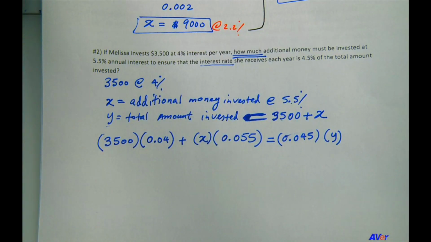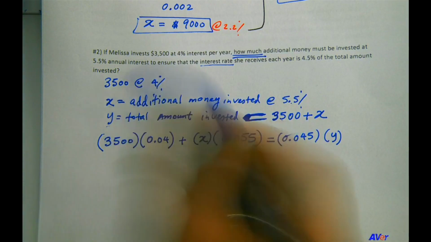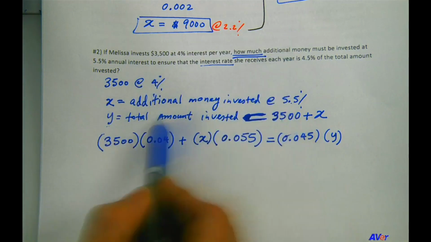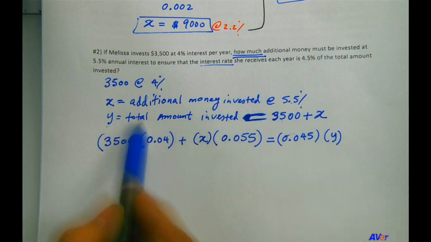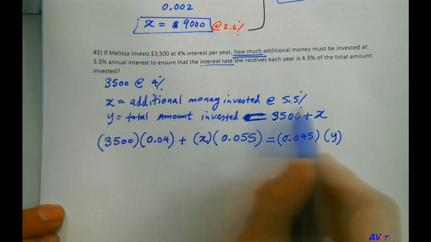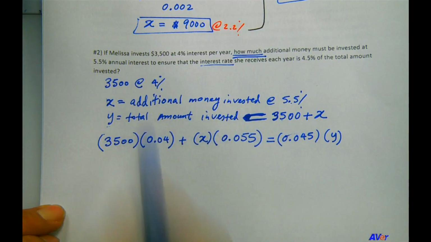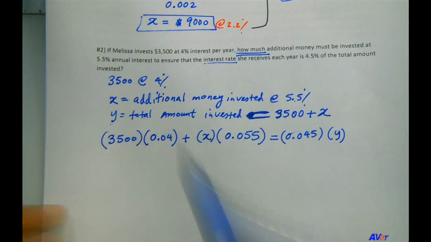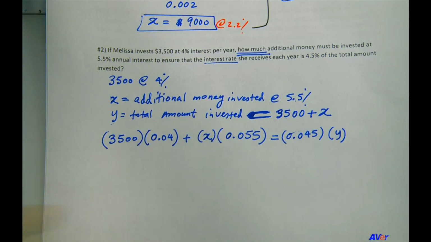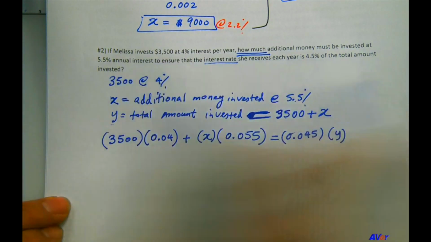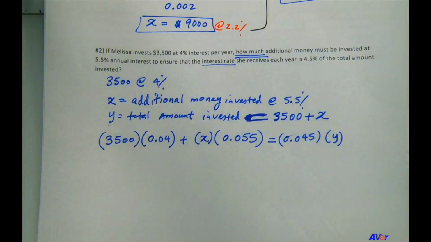After I introduced variables and attached information to them, just like what you've seen me do here, then I was able to set up this equation by reading the whole problem statement.